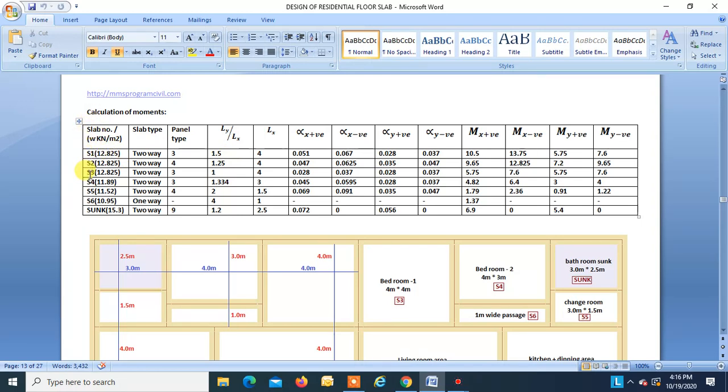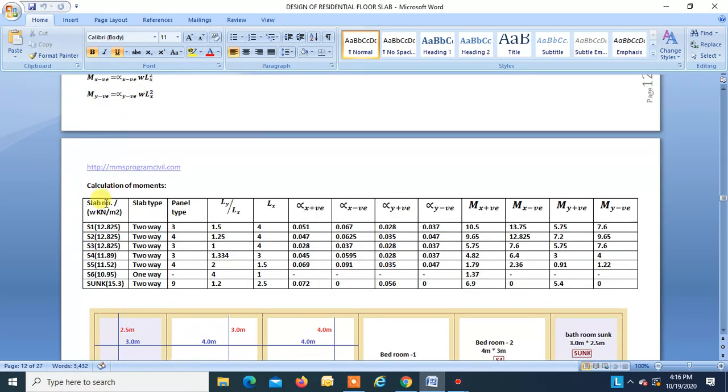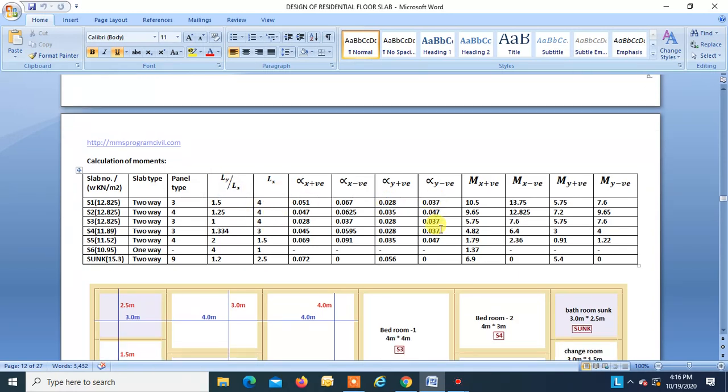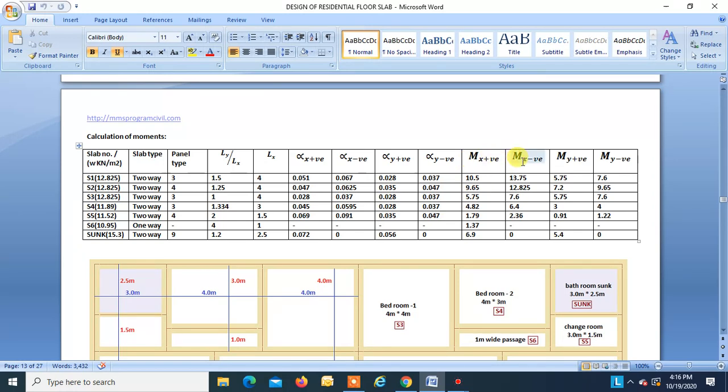Okay, these are slab numbers S1, S2, S3, S4, S5, S6 sunk, and in bracket are the load, that is W acting on that slab. Okay, and on S1 the W acting is 12.825 kilonewton per meter square. On S6 the load acting is 10.95 kilonewton per meter square. Using this formula, the moment is W into Lx square, this is Lx, into coefficients. Okay, so you get the moment Mx positive, Mx negative, My positive, My negative.